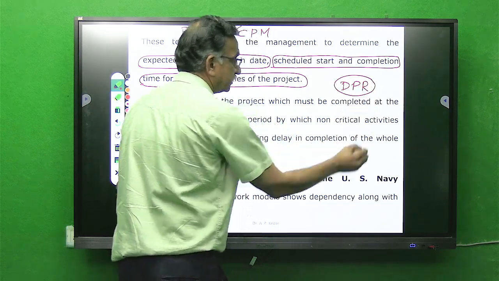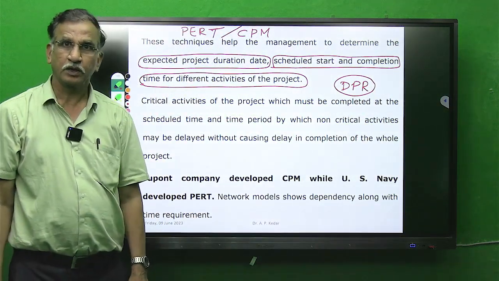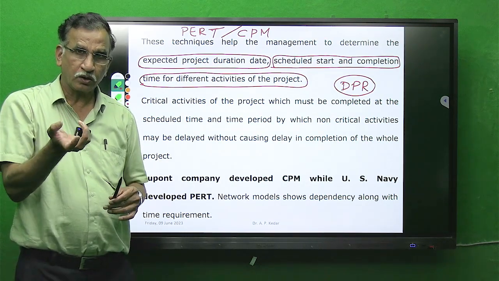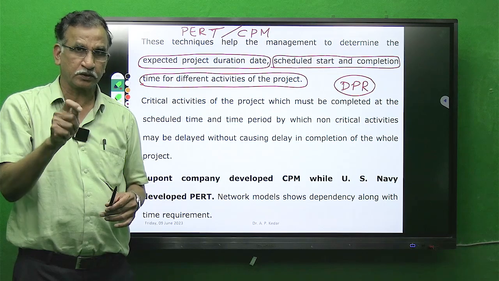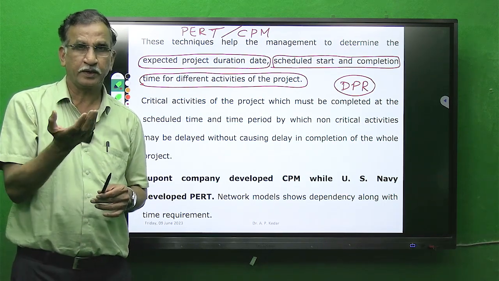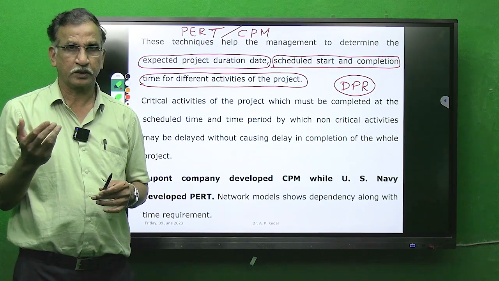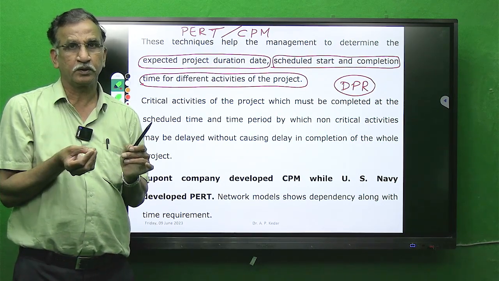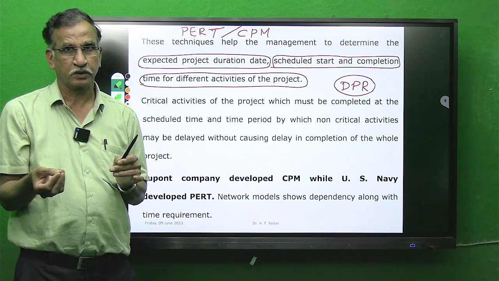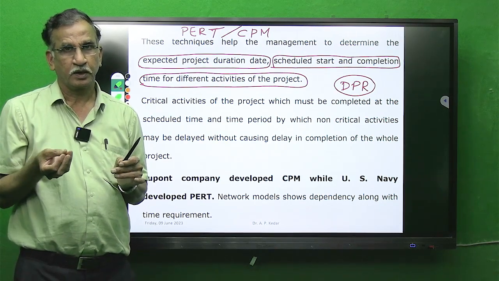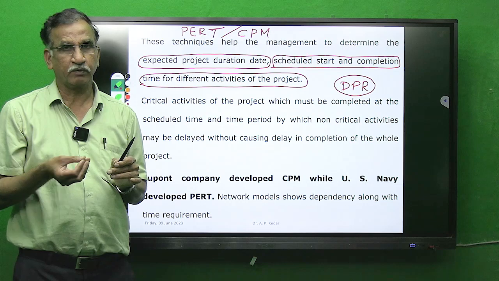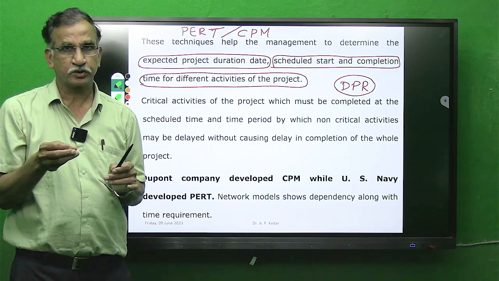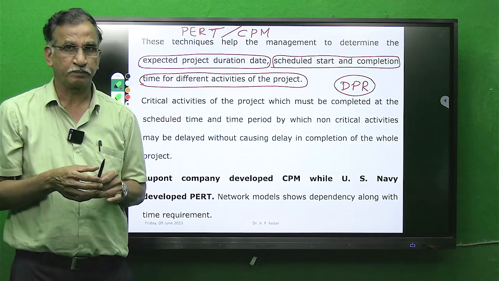The meaning of DPR is detailed project report, with all inputs to the project in terms of finance and output from the project: after spending so many crores of rupees, what will be the outcome from this project, how the society will be benefited, and what will be the payback of that particular project to which the money is being poured.